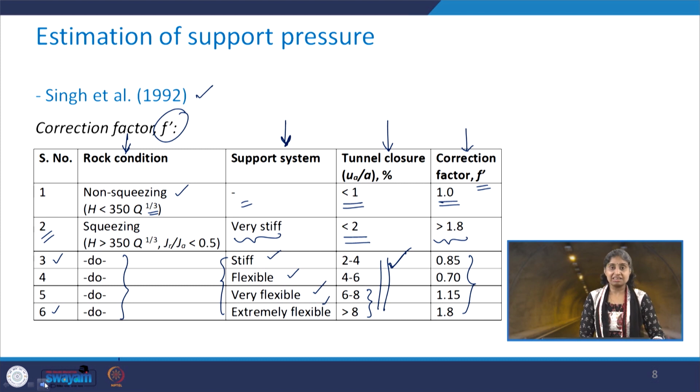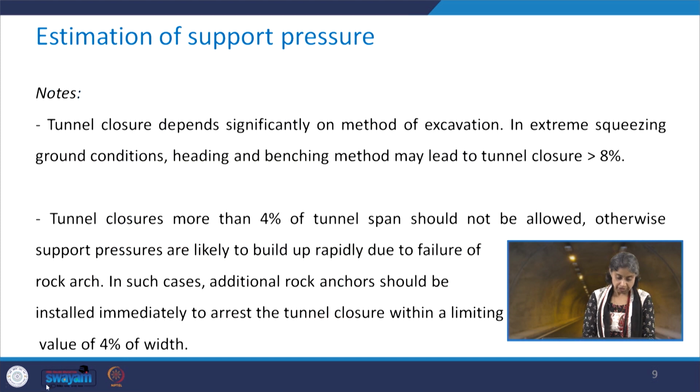So using this table, if you want to follow this method which was proposed by Singh et al. in 1992, then based upon this you can determine the correction factor F prime which is needed for the estimation of support pressure. Now there are a few things which you need to take note of.